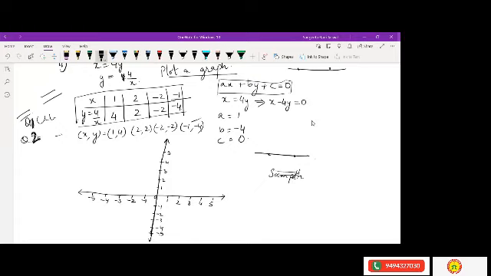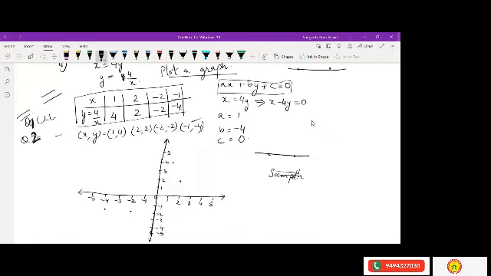So this is 1 and 4, 1 and 4 is here. This is 2 and 2 is here. This is -2 and -2 is here. So -1 and -4, -1 and -4 is here.